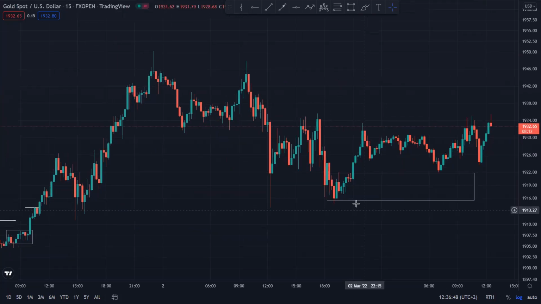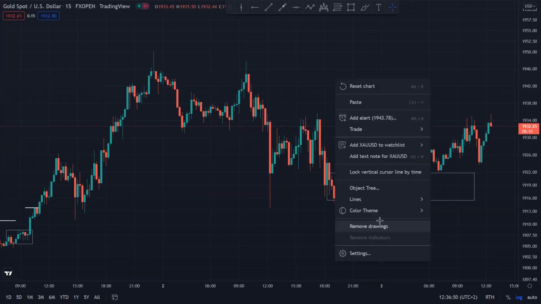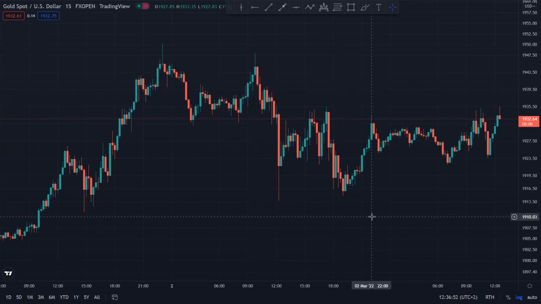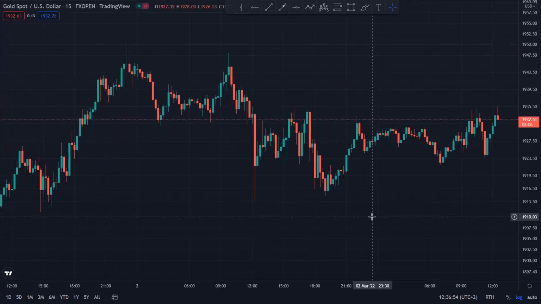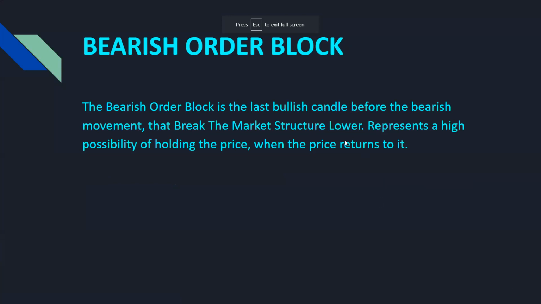That's fantastic. So from there, I want us to try to define and identify bearish order blocks. I'll go on the presentation where we will explain what a bearish order block is. Of course, it is the same. The only thing that differs is the definition.